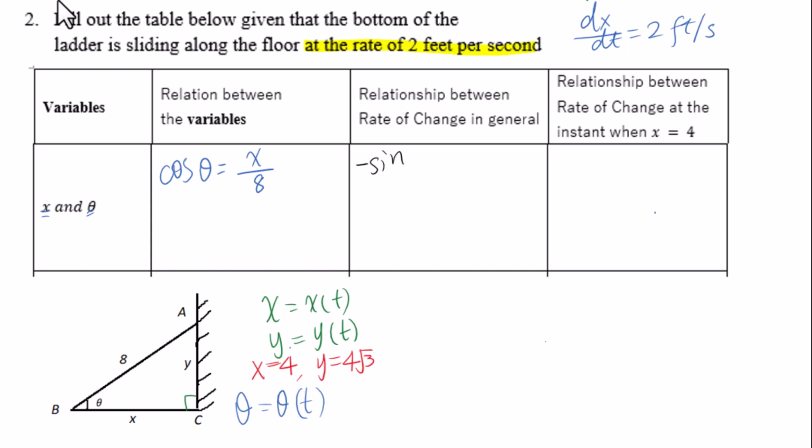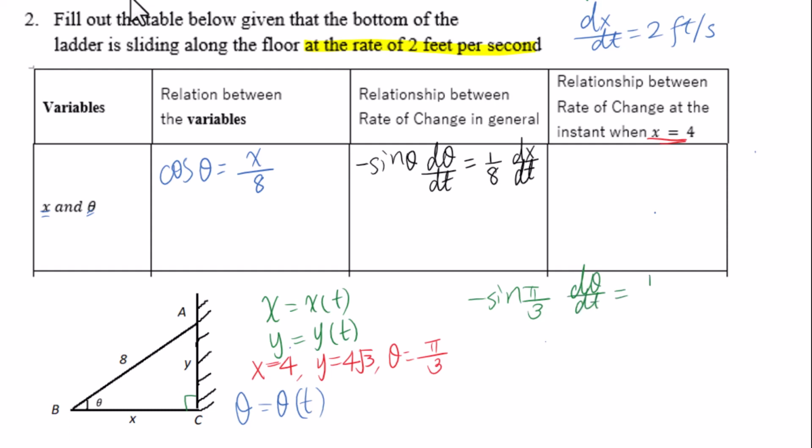Negative sine theta d theta by dt equals 1 over 8 dx by dt. When x equals 4, we know theta equals pi over 3. Let's do the substitution. Negative sine pi over 3 d theta by dt equals 1 over 8 times 2.